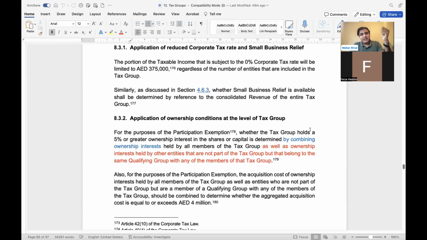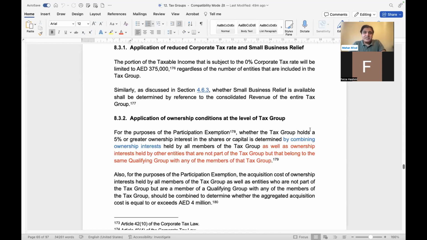First condition. Second, the company in which we have the investment is subject to tax at least 9%. Third, the taxable person has a 5% share in the profit and 5% share in the net assets. And fourth condition, the company in which this investment has been made is not making any further investment of more than 50% in any company.